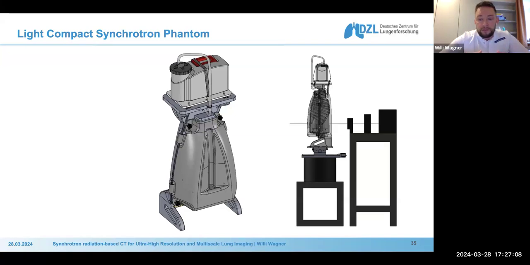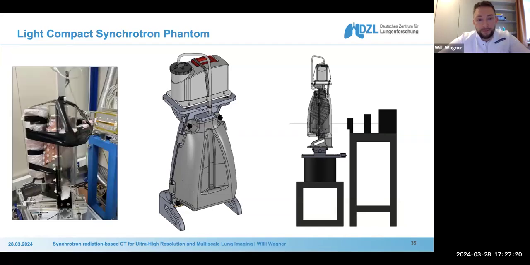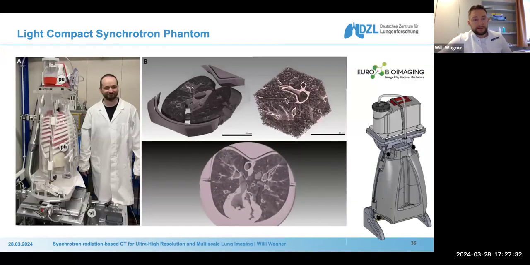And to not repeat this monstrous experiment again, Christian Dullin went ahead and, with the help of the Italians and a little bit of help from the Heidelberg people, designed a new phantom that has already incorporated the soft tissue and bone structure. And that's the final product.